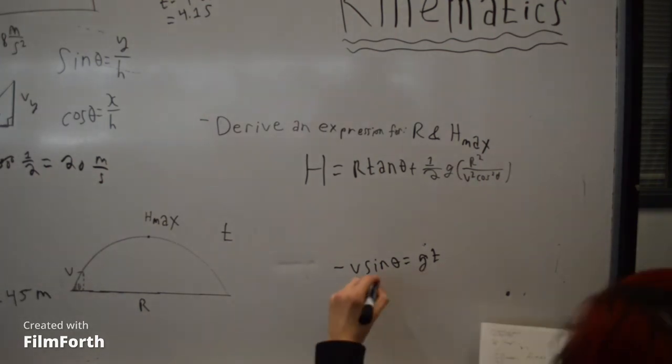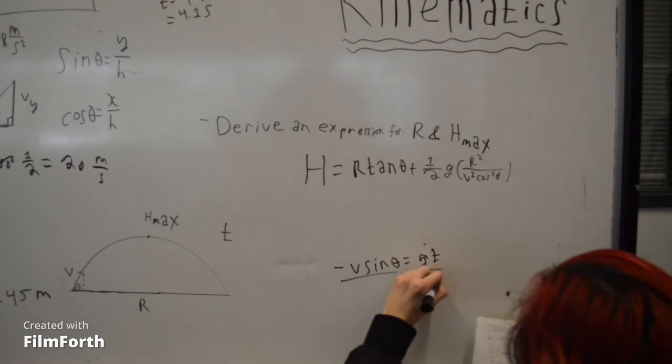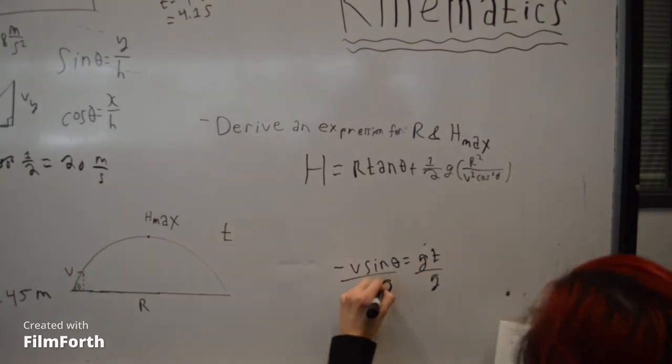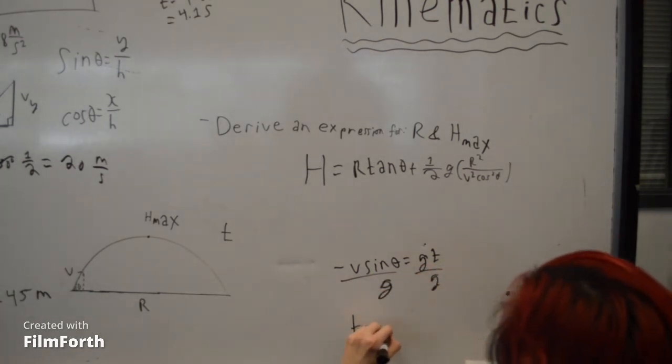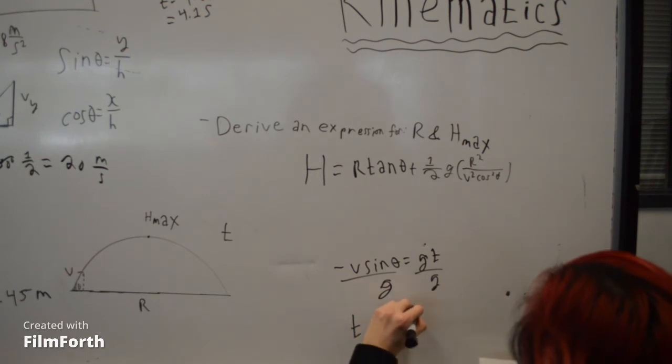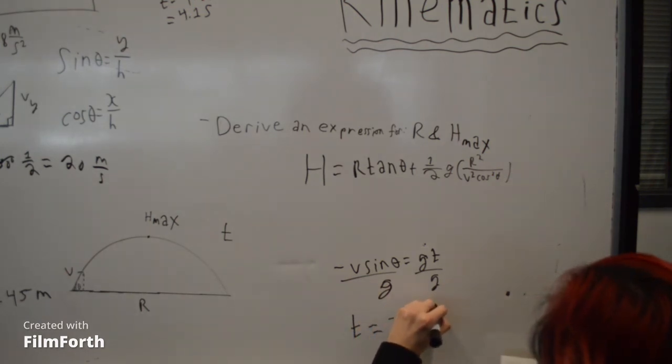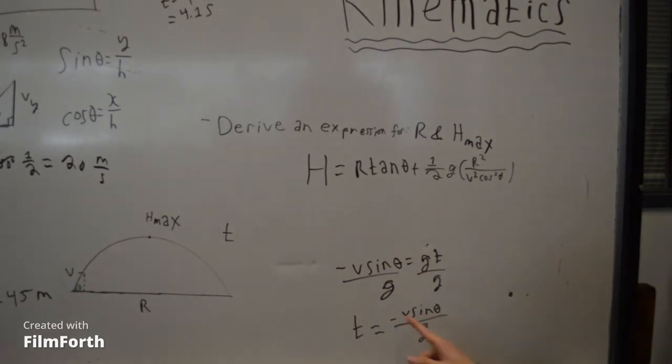Therefore, to isolate for time, now we get that time equals negative v sine theta over g. And the reason I'm not canceling out the negatives is because g is already negative. So if I took out the negative, you would be saying that time is negative, and that is impossible.